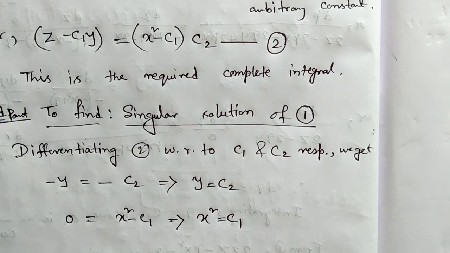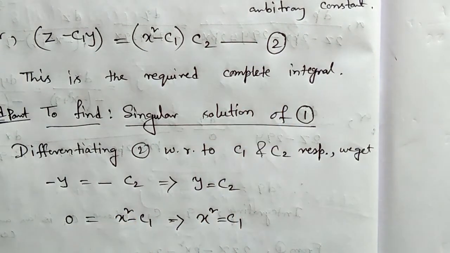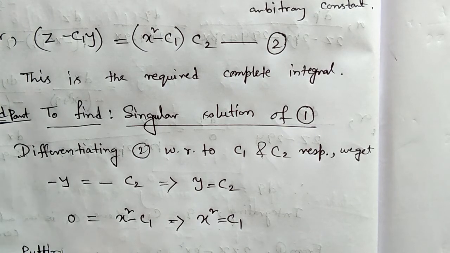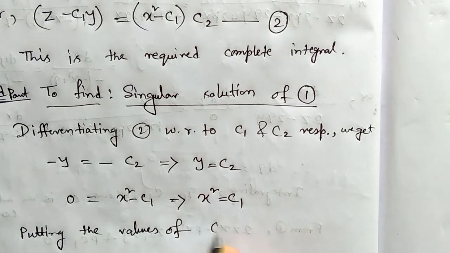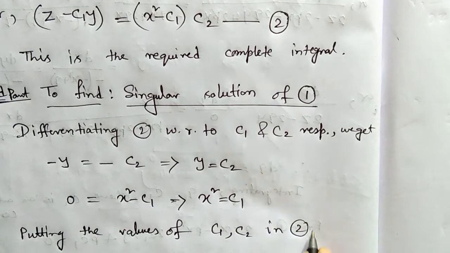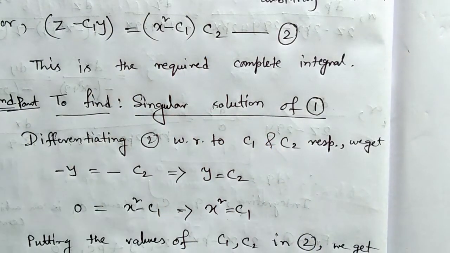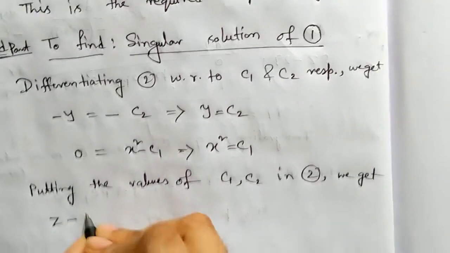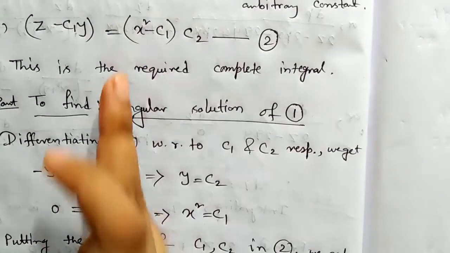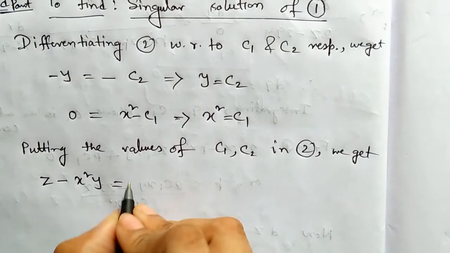Now put the values of c1 and c2 into equation 2, we get: z minus c1y, that means z minus x square y, is equal to x square minus c1, this is 0, so this is equal to 0.